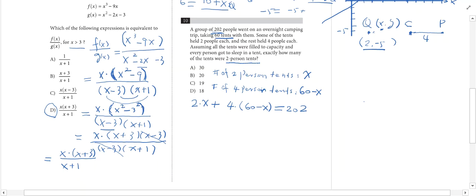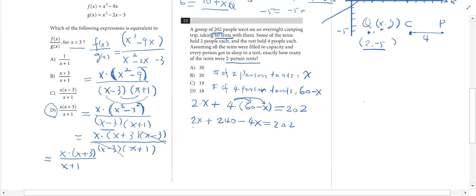Generally, the method to solve an equation is this: we simplify both sides of the equation first. The right side is already simplified, so we do the left side. We get 2x plus 4 distributed: 4 times 60 is 240, and 4 times negative x is negative 4x, equals 202.